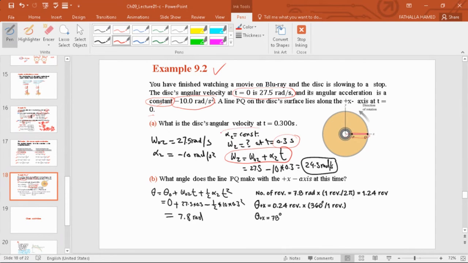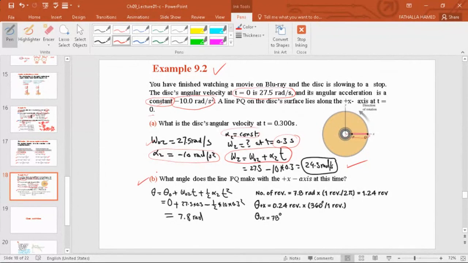And of course, your alpha z is constant, and it's equal to minus 10 rads per second squared, and your omega 0 z is equal to 27.5 rads per second. So you plug in 27.5, you have a plus, but alpha z is minus 10. So it's minus 10 times 0.3, and this gives you 24.3 rads per second.